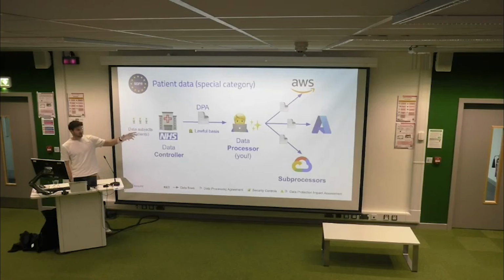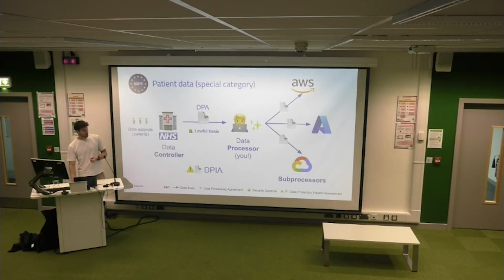Generally, these are standard documents, but it's important to note they might not be there out of the box, and you might have to do some configuration with, say, your cloud providers to make sure data is being held in a GDPR compliant way. You also would be expected to do a DPIA if you're processing patient data. Again, this is a risk assessment, a data protection impact assessment, and often you might need to support the NHS with completing their own data protection impact assessment.